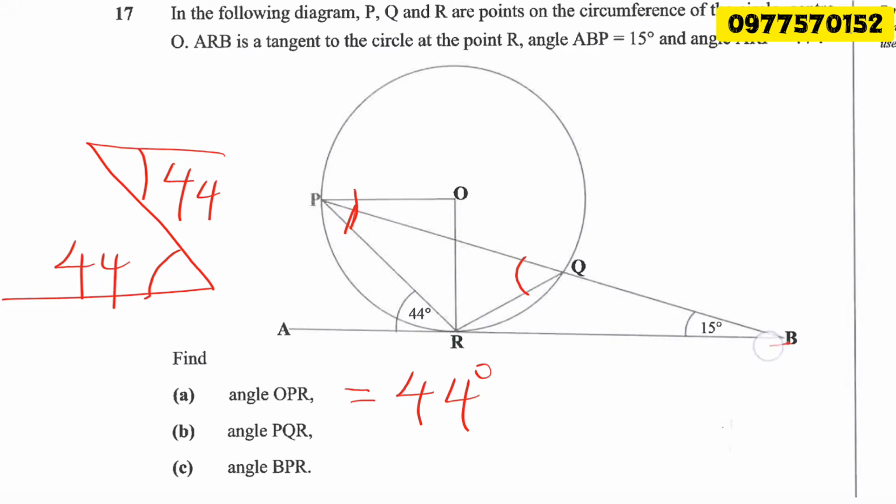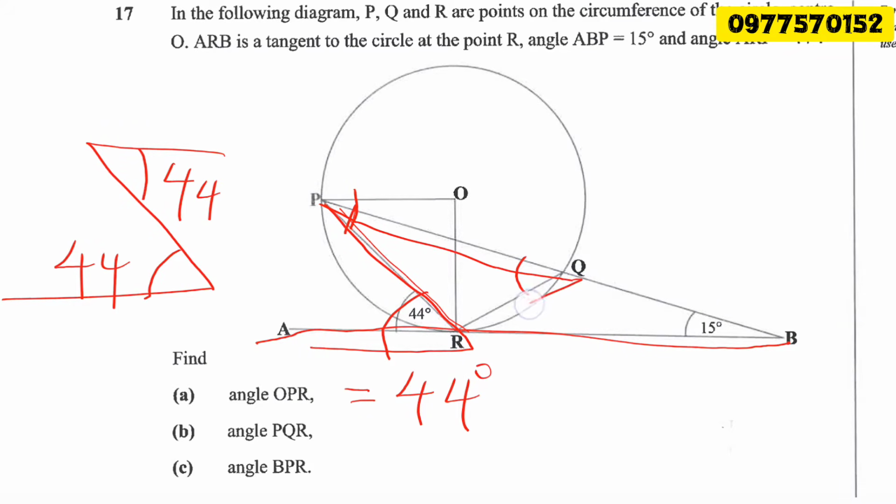As you know that this is the tangent line, and then this is a chord. PR is a chord, and there is an angle here, which is 44. So whenever the angle is forming on the circumference from this chord, it is equal to this angle, which tells me that even this one is 44 degrees.